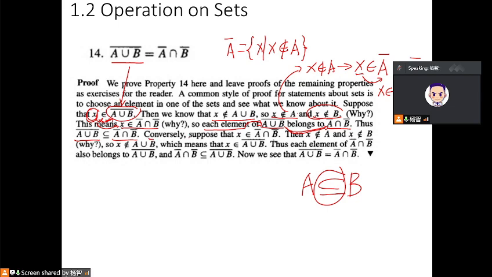Okay, conversely, suppose that every element belongs to the intersection of the complement of A and the complement of B. Okay, this is the expression of the right side, of the right set. Then x does not belong to A and x does not belong to B. Right?